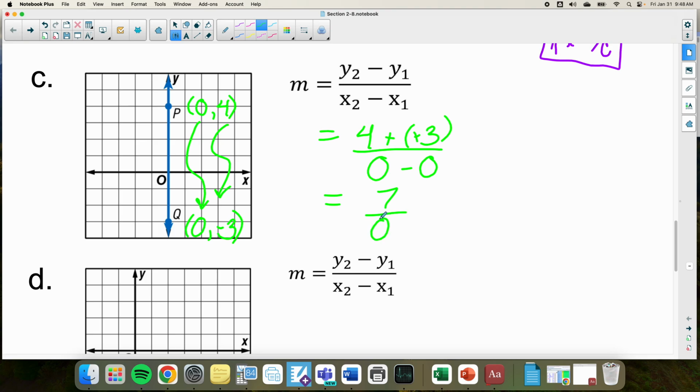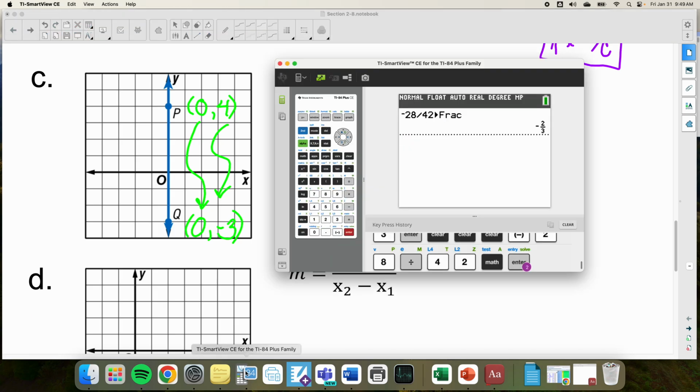Now, there are times today that you're gonna get an answer that's 7/0 or some number divided by 0, and other times you're gonna get 0 divided by some number. It's always gonna go 0. No, actually, when the zero's on the bottom, it's going to be undefined.